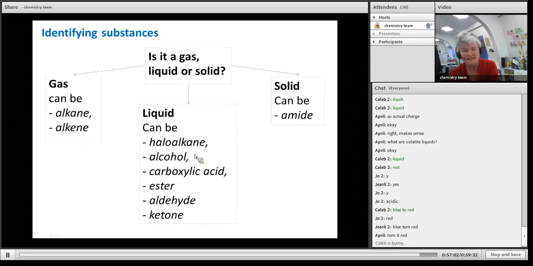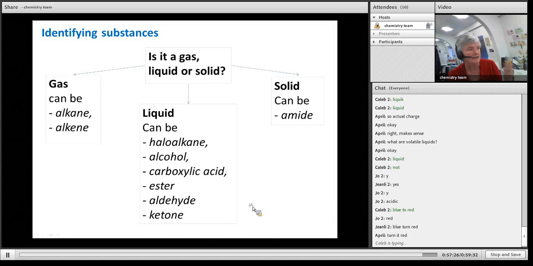If it's a gas, it's an alkane or alkene. Liquids are pretty much the rest apart from amide. Of course, the longer the chain, if you've got very long ones, you could go to a solid. But I don't think I've ever seen an exam paper with that.